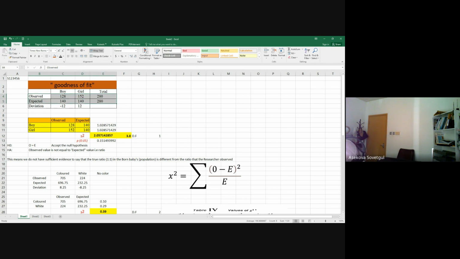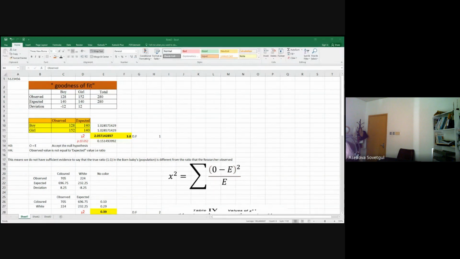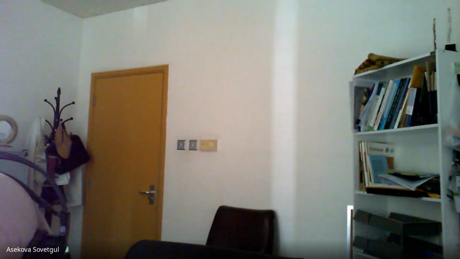So for example, in your lab notebook, you see the left hand and the right hand. Let me stop presenting. Let me share this lab notebook.